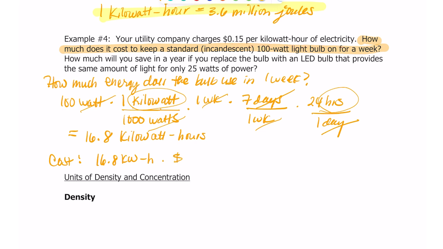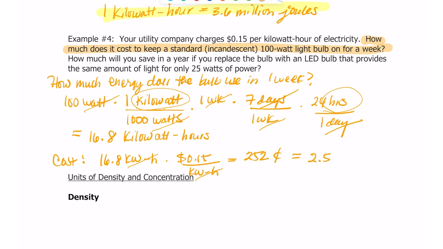So that's 15 cents, and per, remember, means divide. So we're dividing by kilowatt hours, and as you can see, the kilowatt hours are going to cancel out, which is what we want because we're looking for cost, which should be in dollars and cents. So if I multiply 16.8 times 0.15, I get 252, and that would be in cents. So it's really $2.52. Okay, so that would be the cost.